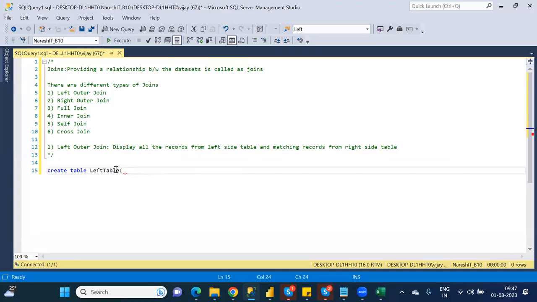Create table, left table. And what are the columns? ID, integer, and name column, right?